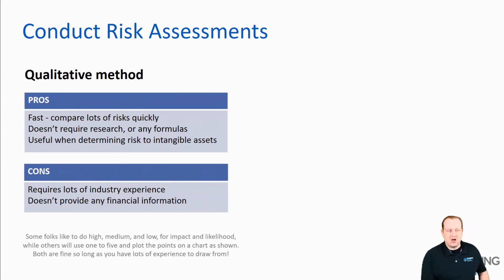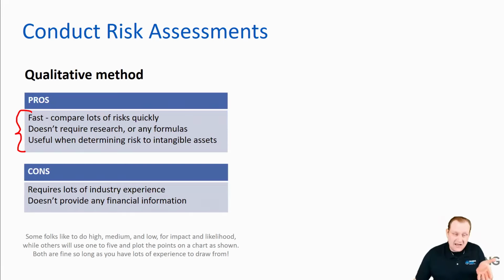That brings us then to the qualitative approach to risk assessment. What we like about the qualitative approach is that it is fast. It doesn't require a lot of research, doesn't require any formulas, and it is very useful when calculating risk to intangible assets. Very useful in places where you're like, I'm not so sure how much that's worth.